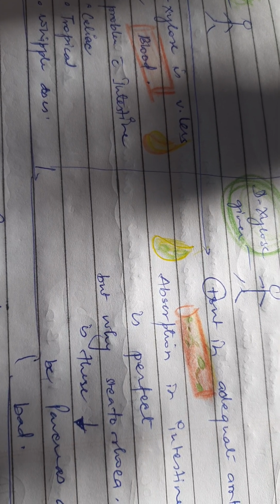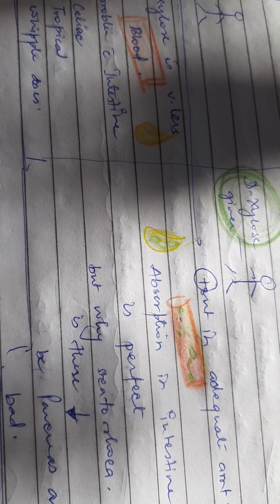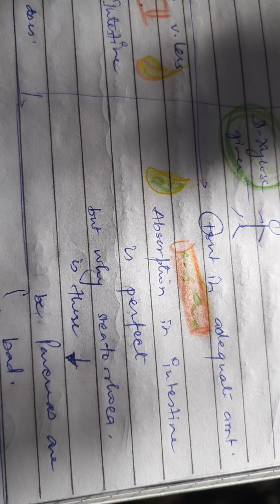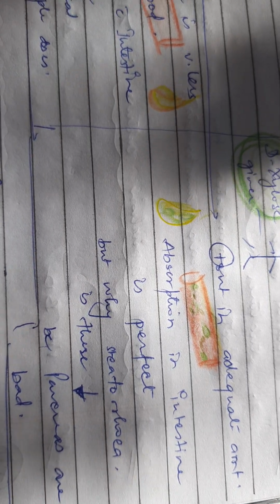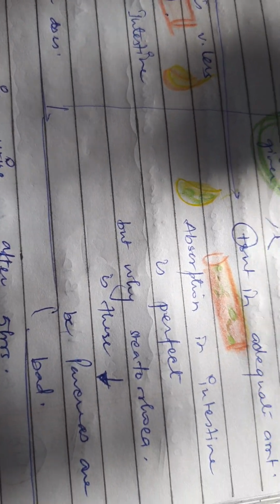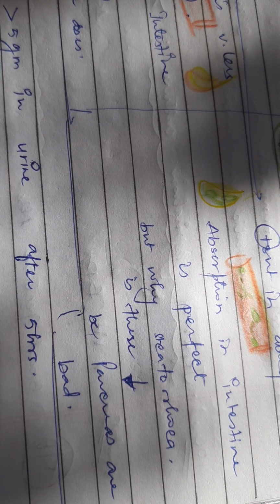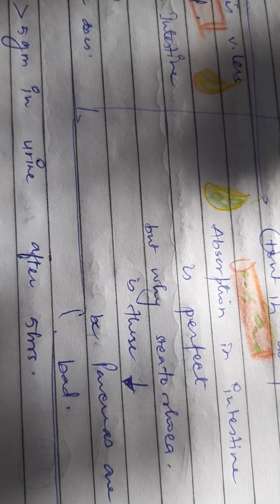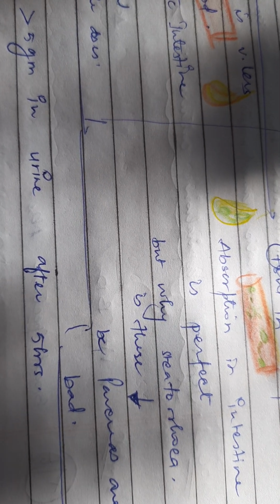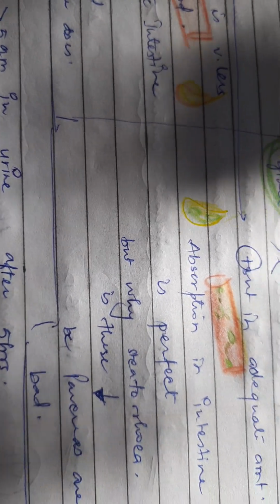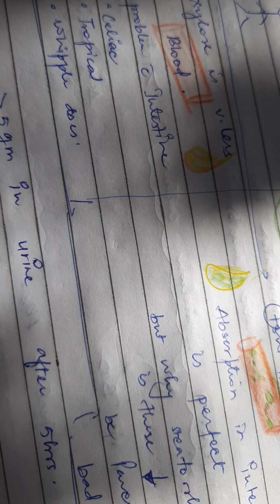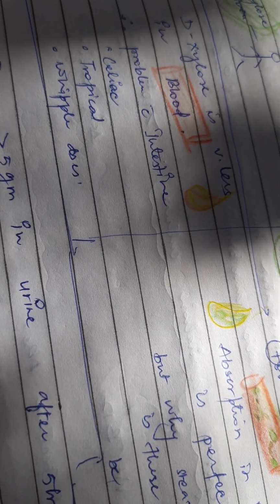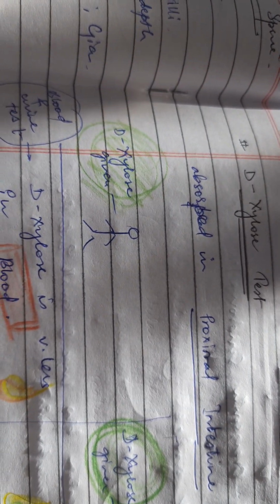Absorption is occurring, but why steatorrhea in these? It is coming in urine and blood, no? So because the pancreas is bad, it is occurring because of the pancreas. We have seen the causes of steatorrhea are malabsorption and also pancreatitis. So by the xylose test we can conclude this.